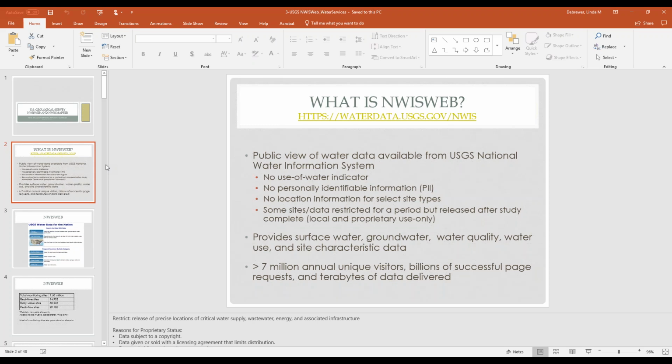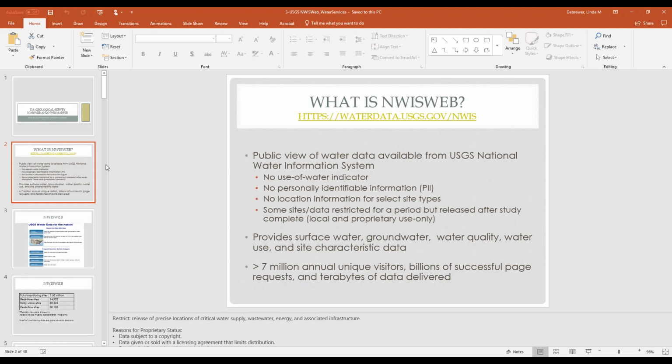For example, it won't tell you that it's a domestic well, and this is for homeland security reasons. We don't want the domestic supply and the public supply wells to be compromised, so we will show you the information, but we won't tell you that that's how this well is used. And that can be a problem depending on your study.